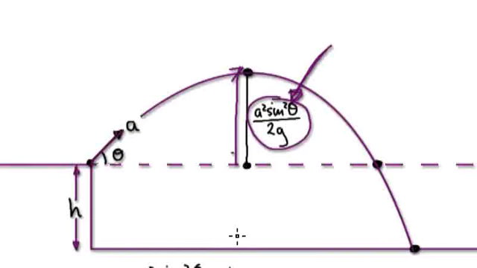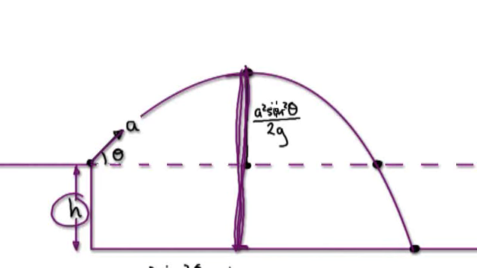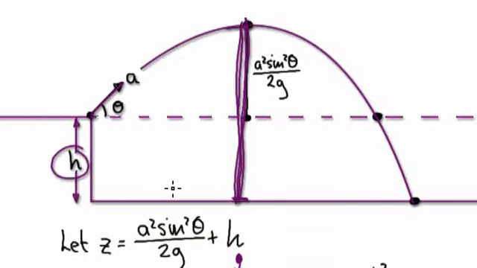Now that you've got the actual height in meters, add it to this bit here. That will give you the actual height of the whole thing here. So now we've got the actual height, not the time, the actual height. Let's just call this height here z.